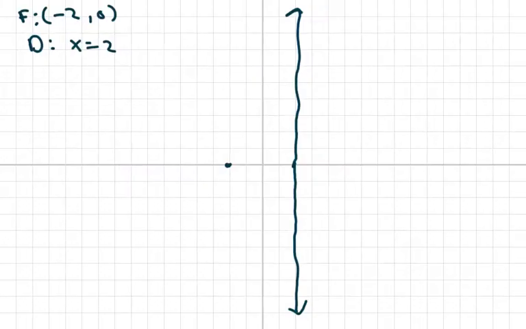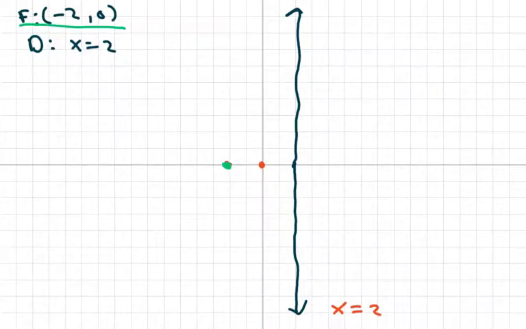And the first one we have is the focus is at -2, 0, and the directrix is at x equals 2. You know your vertex is the midpoint between your focus and your directrix. So since this is our focus here, we know this opens to the left.